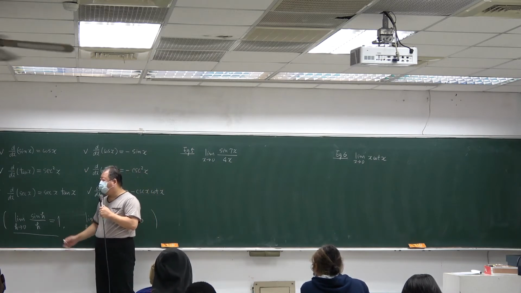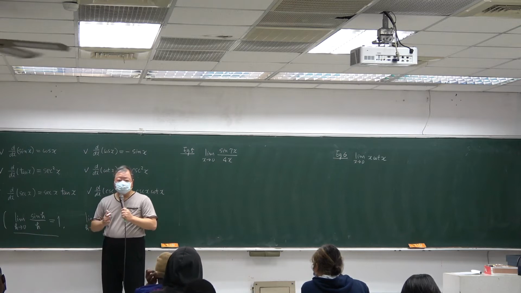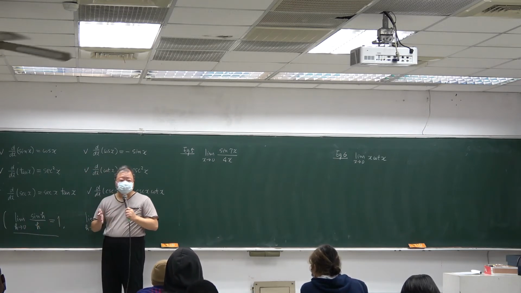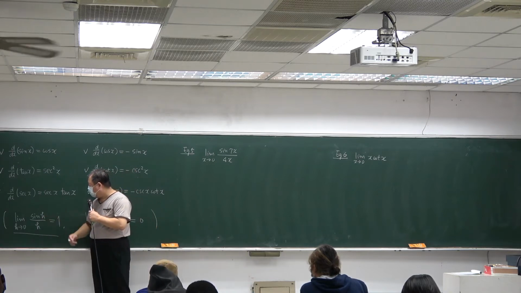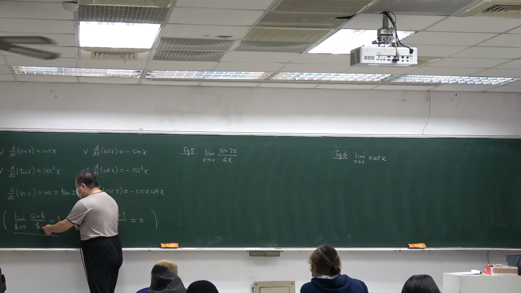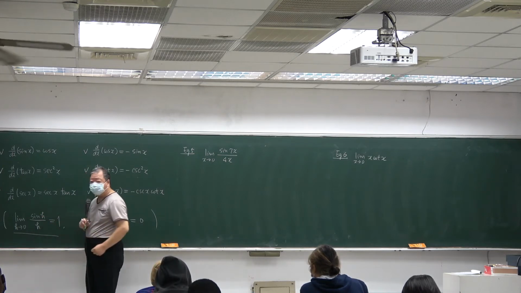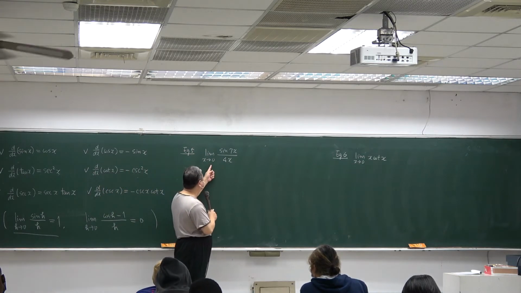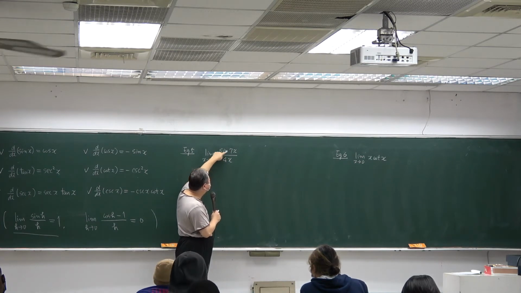This limit shows when h is small, I mean the absolute value of h is small, then sine h is almost h, because the ratio of sine of h and h is 1. So when x goes to 0, then this number, almost 7x over 4x, will be 7 over 4.